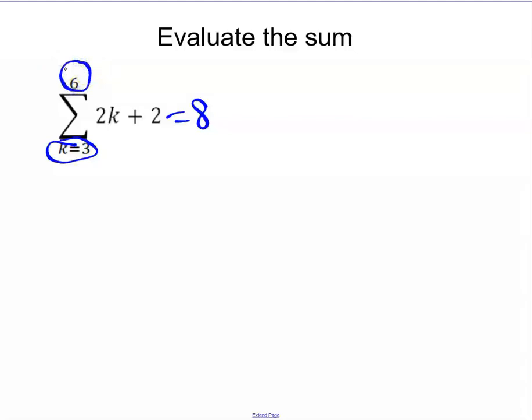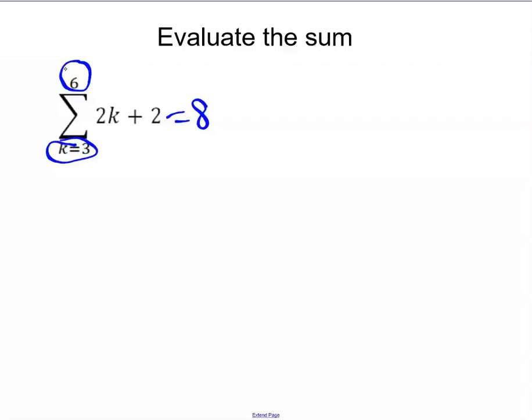Now, I want to point out that the top number doesn't necessarily say you're adding 6 numbers. It means 6 is the last number that you plug in. Okay, so the bottom number tells you, and the bottom will always have a letter attached to it. You could put it on top and the bottom, but we only need one letter.